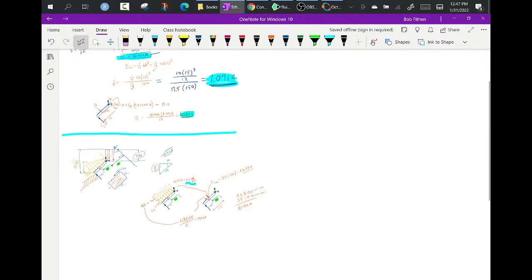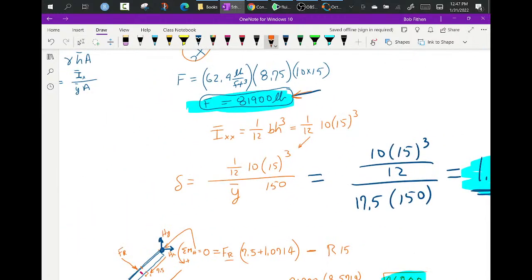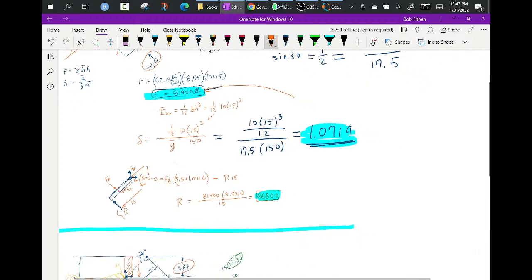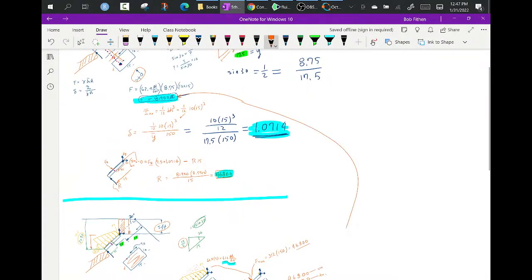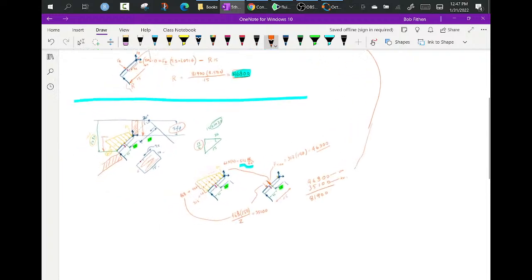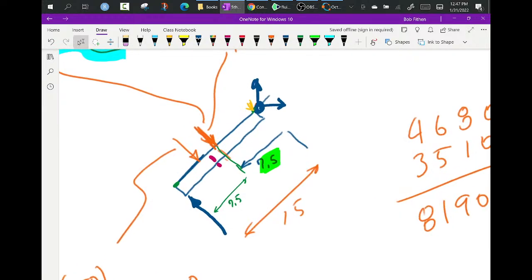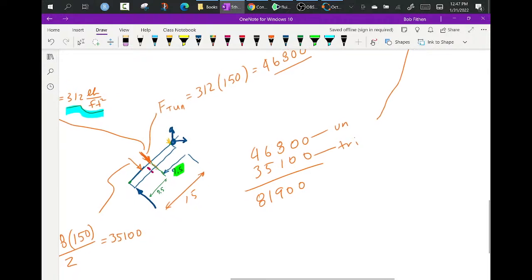Now you look back here, 81,900, same number. The difference is now on this one, I've got a load here and a load here. Before I had one load. So the other way, you're taking these two loads and making them into one load. You don't have to do that if you do this individually like this.